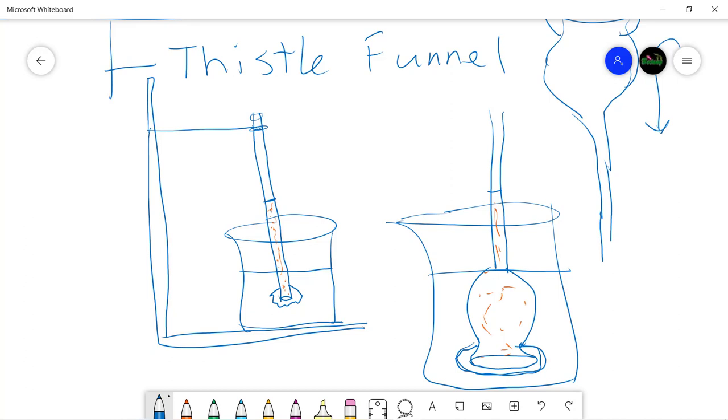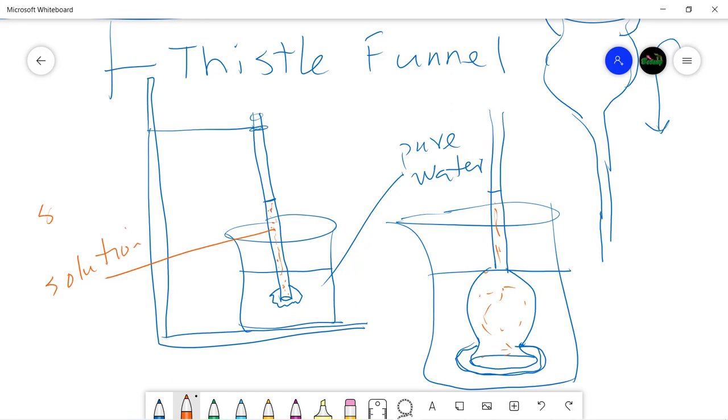So what you will observe, as we have seen in the definition of osmosis, is the movement of water molecules from a region of higher concentration to a region of lower concentration across a semi-permeable membrane. So now this is pure water, or distilled water, and this is the solution of, say, sucrose.